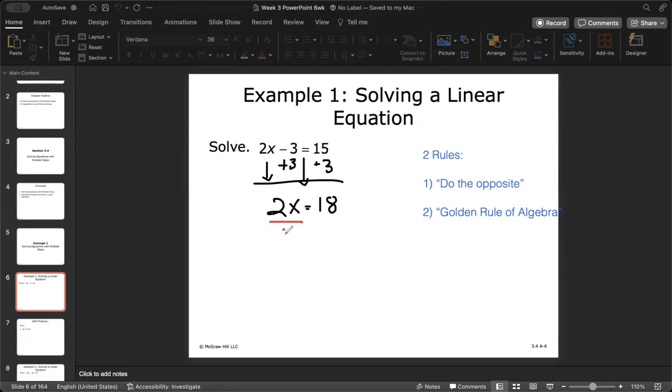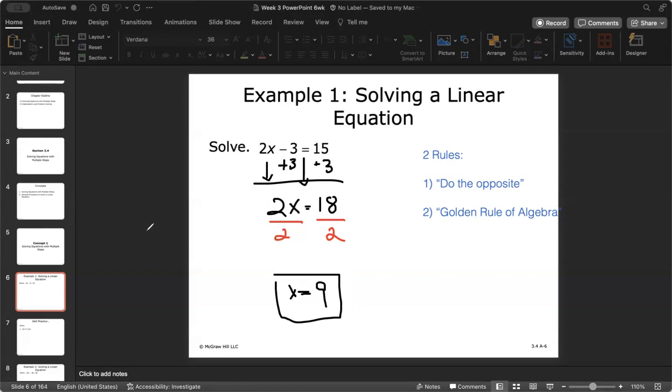Dividing by 2. And then the golden rule of algebra says do it to both sides. Okay, and so now we do the simplification. These 2's here cancel by design. That's why we divided by a 2. So that gives us the x that we want. Look at that. It's by itself on one side of the equal sign. And then simplify the 18 over 2, and we get a 9. And that's the answer.